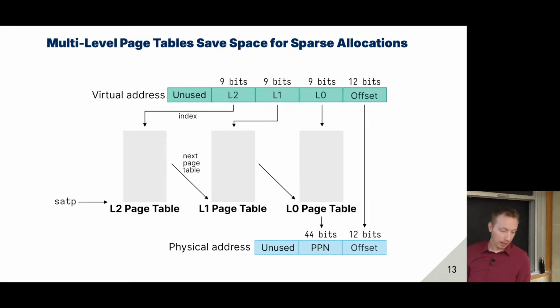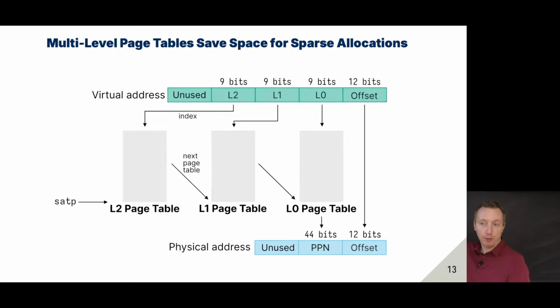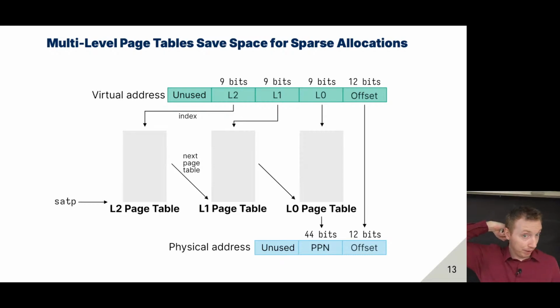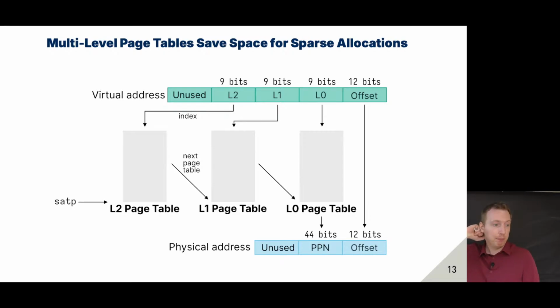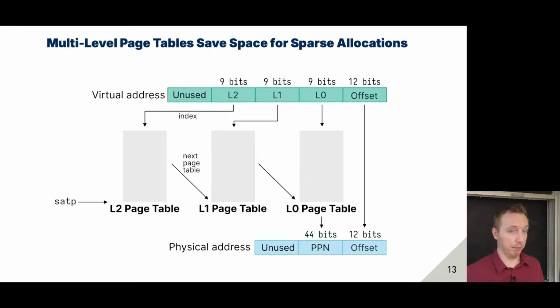So how we did that is we took our virtual address and we split it off into different indexes, and the number of bits we used for the index was determined essentially by how many entries we could fit on a smaller page table, and our idea was that each page table fits exactly on a page.